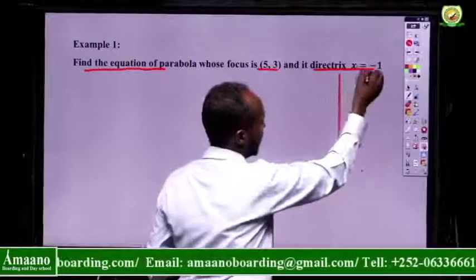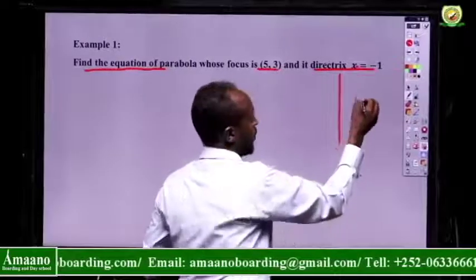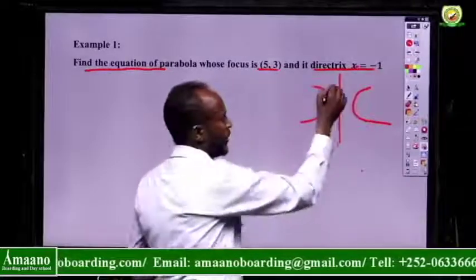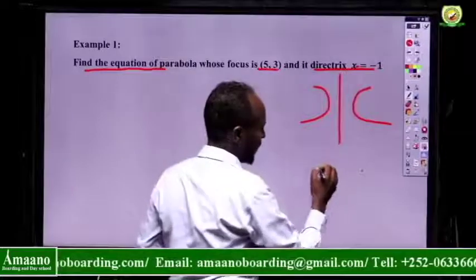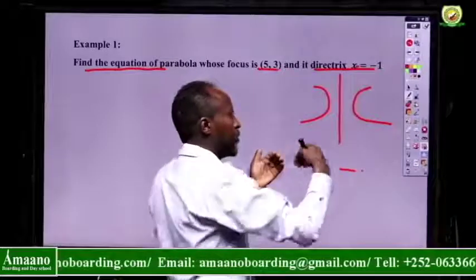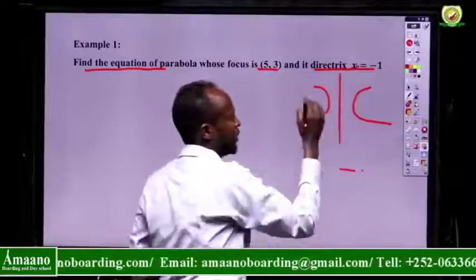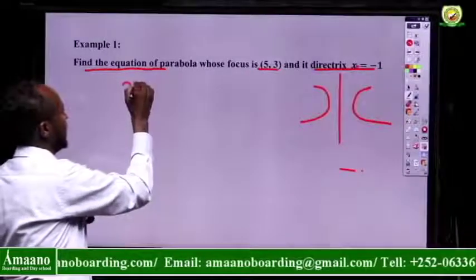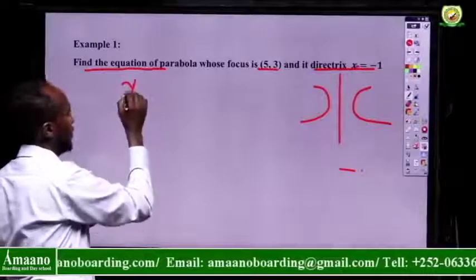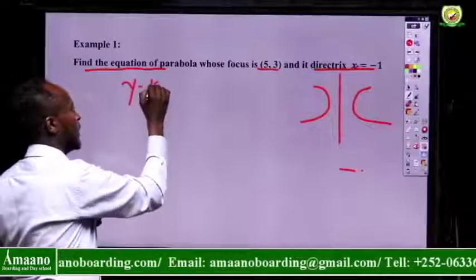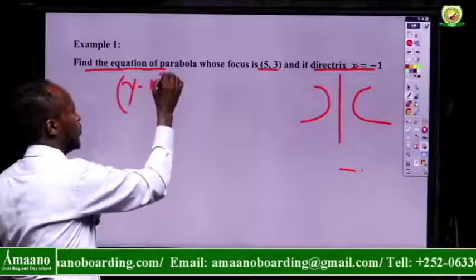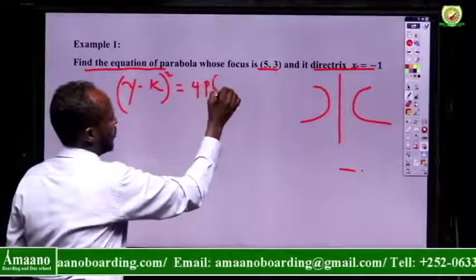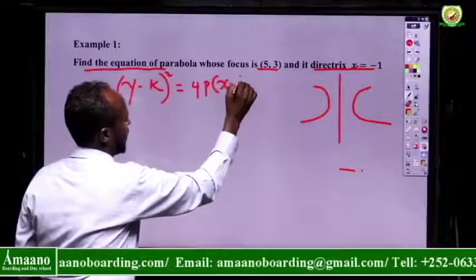If the directrix is a vertical line, then our parabola will concave right side or left side. If the directrix is a horizontal line, which is y equals something, it concaves up or down. Therefore, the equation takes the form (y minus k) squared equals 4p times (x minus h).